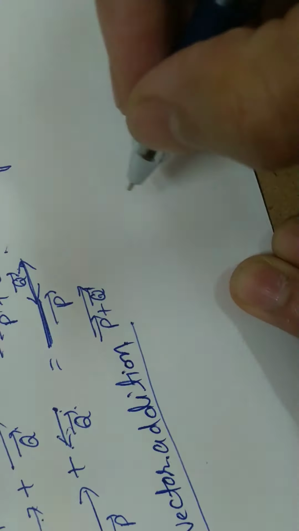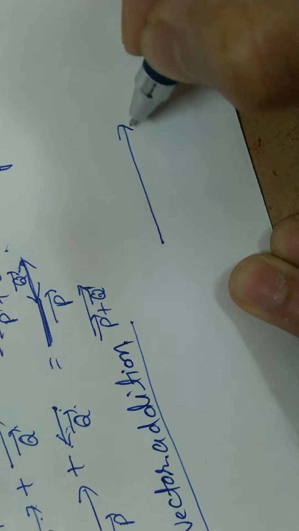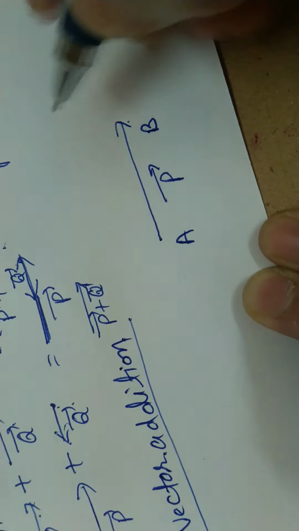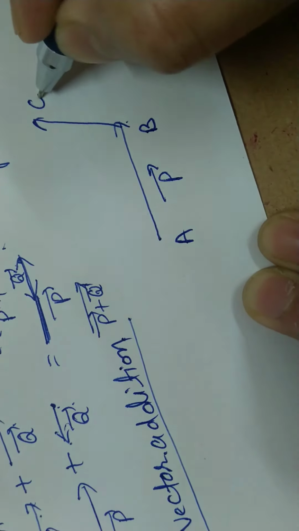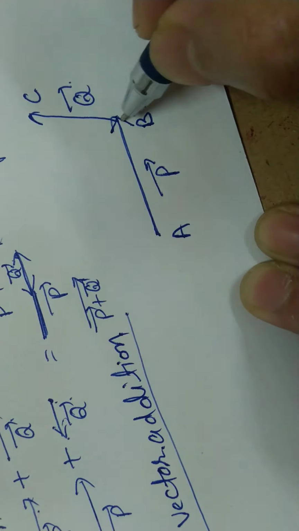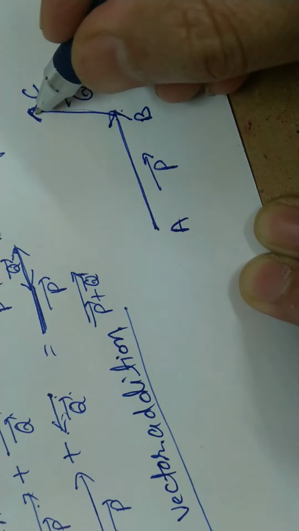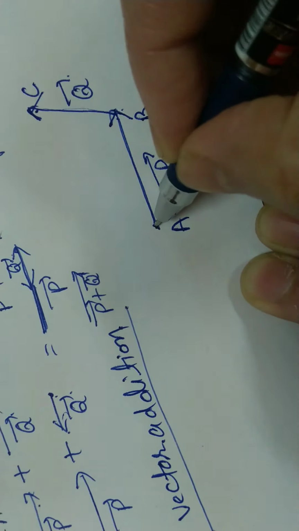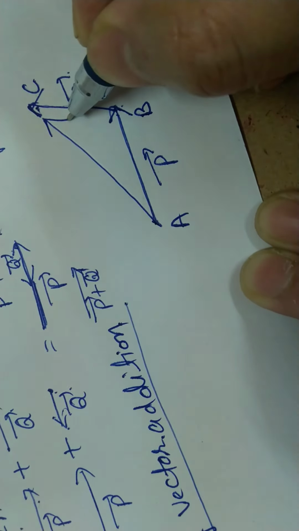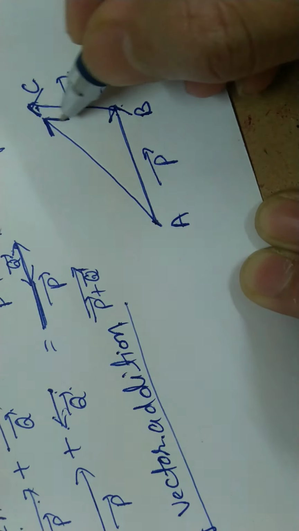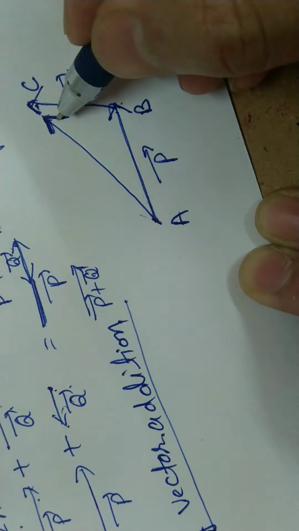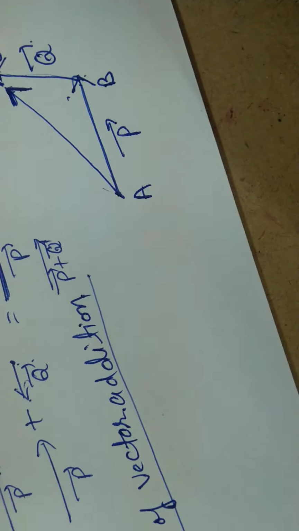If we say that we have this triangle, where the AB side represents the P vector and the BC side represents the Q vector in the same order. This pattern is the same order. Then this closing side, this third side, is in the opposite order, because if we draw the arrow here, it would become the same order. This is the triangle law of vector addition.